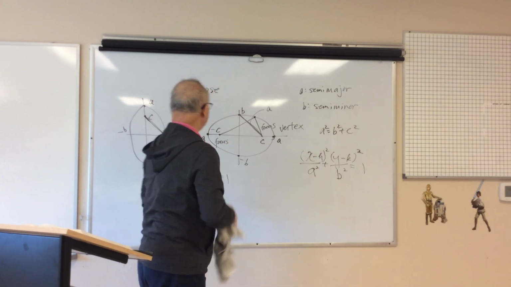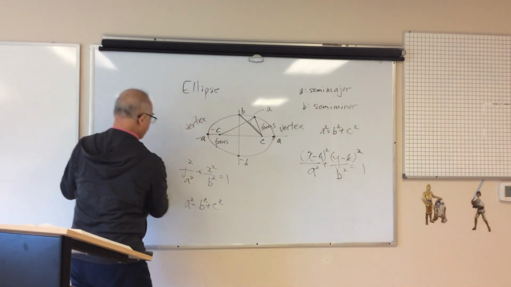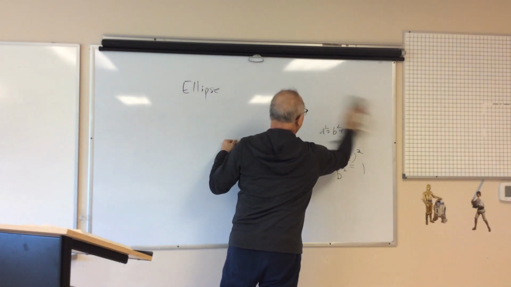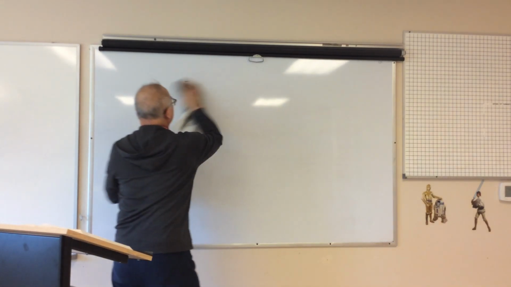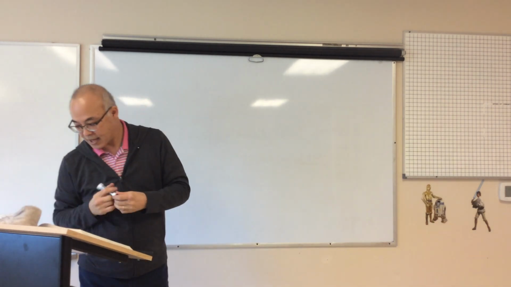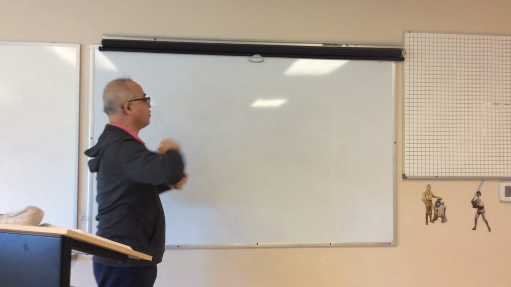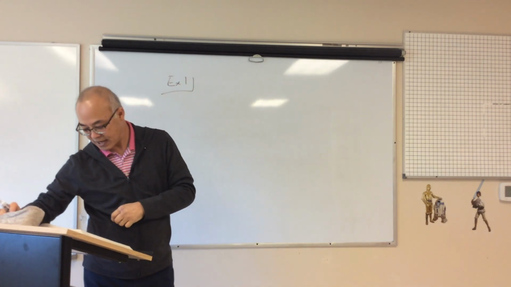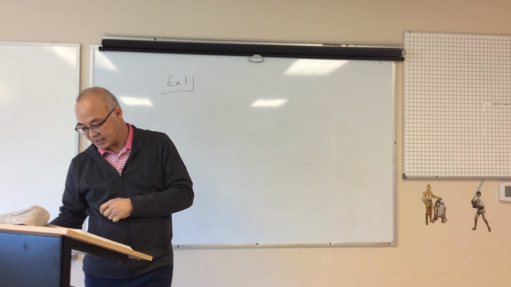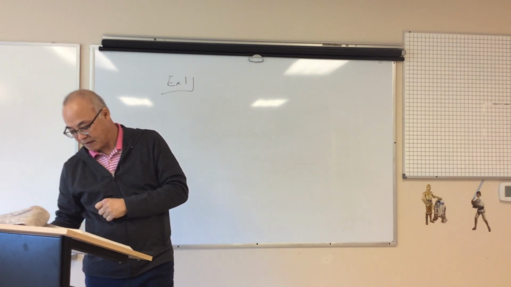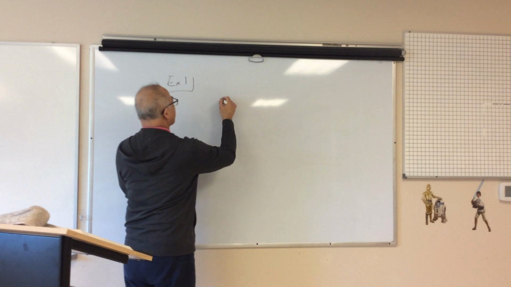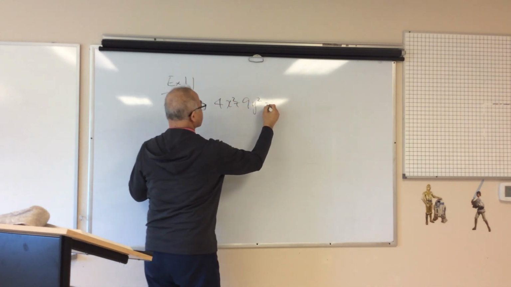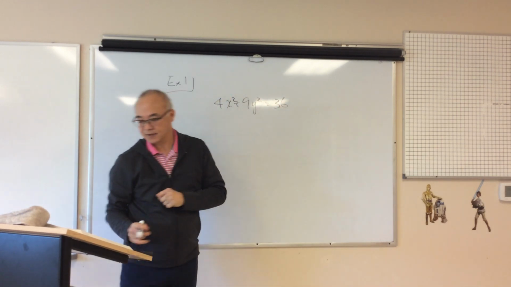So let's go ahead and see if we can do some of the examples here. Let's do example number 1, on page 583. Example number 1 says, find the vertices and the foci of the ellipse 4x squared plus 9y squared is equal to 36.